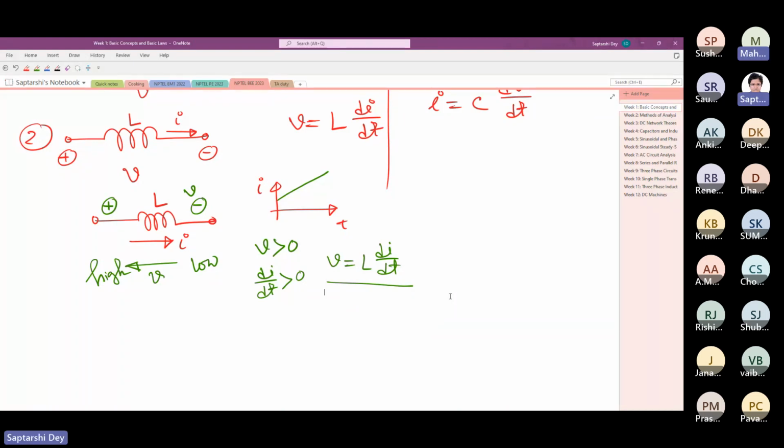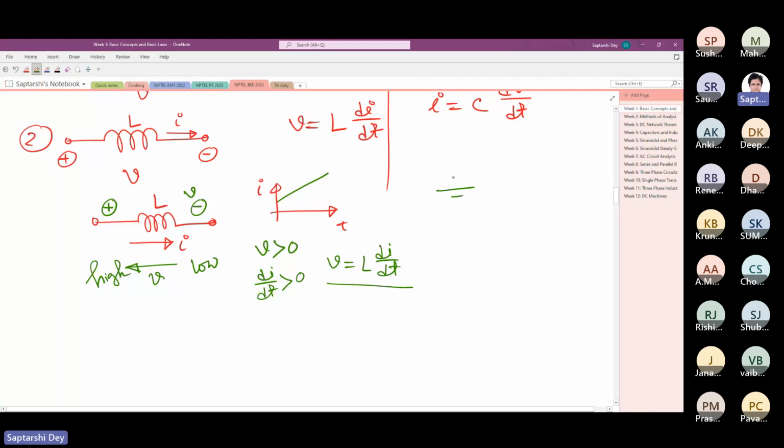Just become stabilized. That's it. Not stabilize. If you have a source that keeps increasing the current like that, it will keep increasing. It may not stabilize. Say for example, if you have a circuit like this, a DC voltage source connected to a pure inductor.